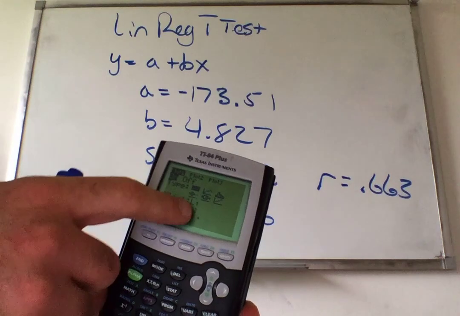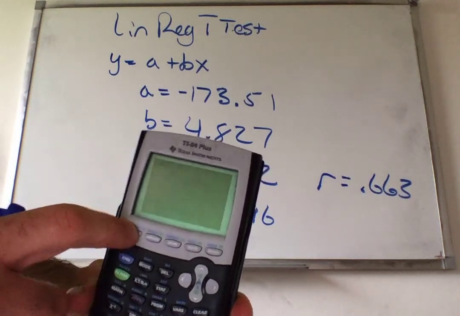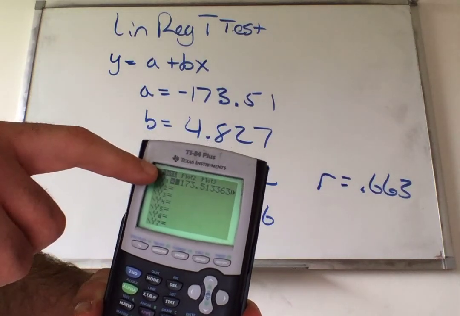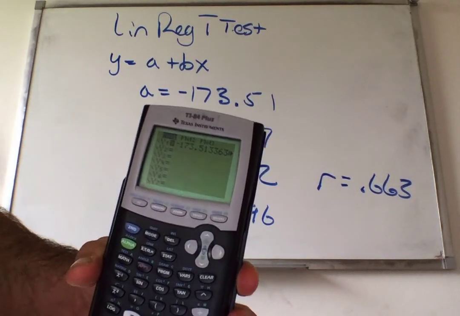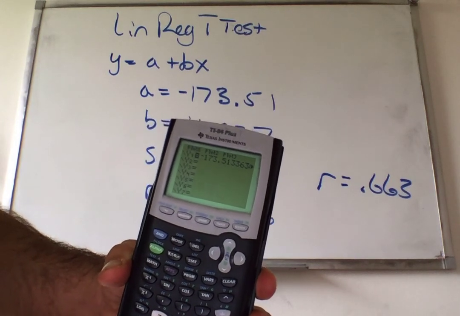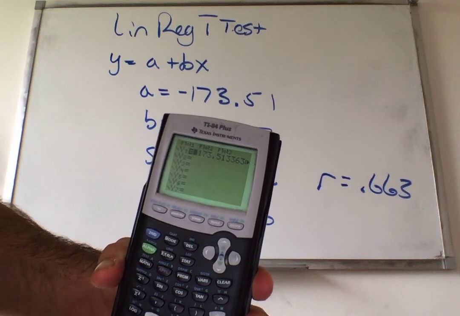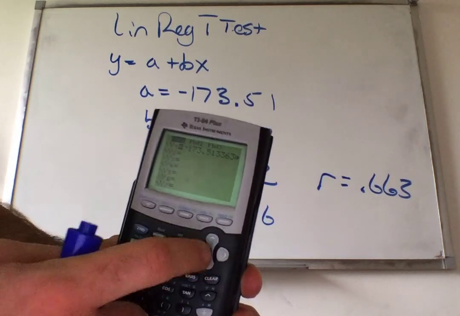Now make sure it's list 1, list 2. I showed you a way of turning it on and off really easily. You see how it's darkened up here. It says plot 1. I can go up there and hit enter, and it'll turn it off. Right now it's off. If I go up there and hit enter, now it's on.